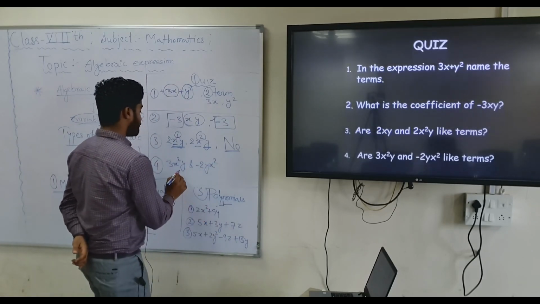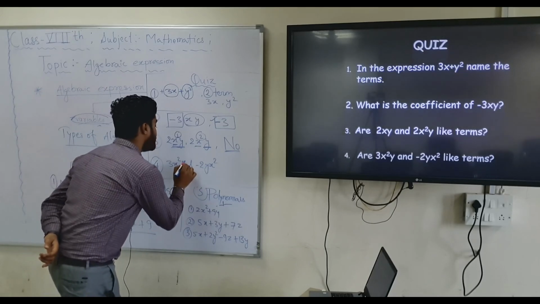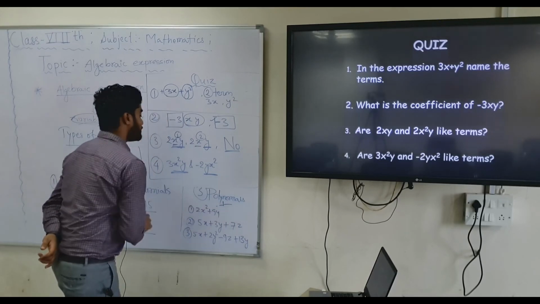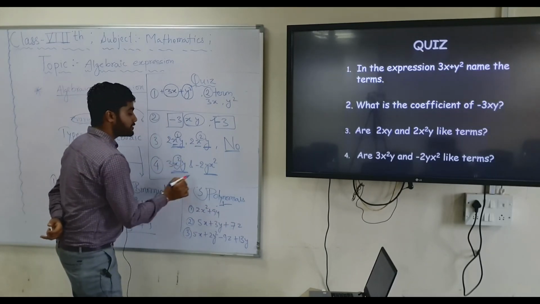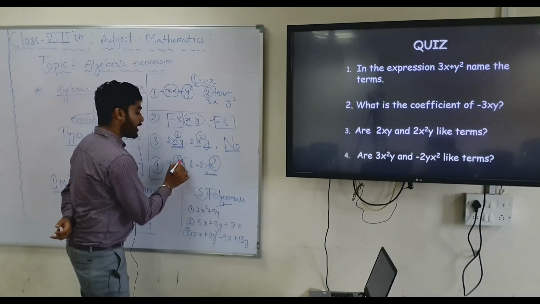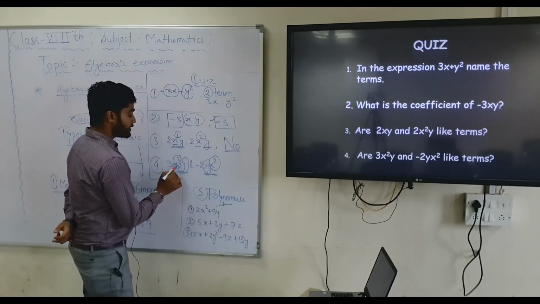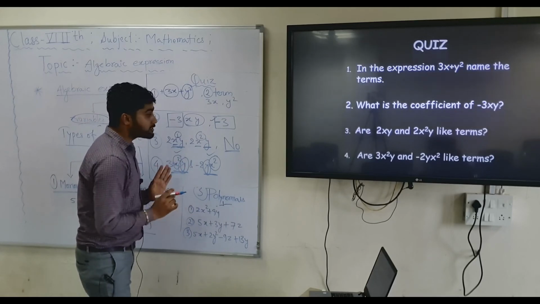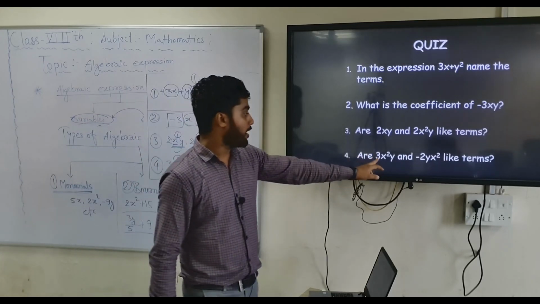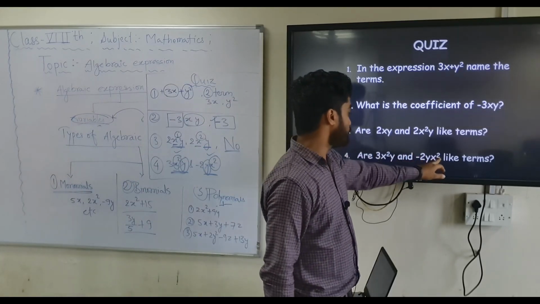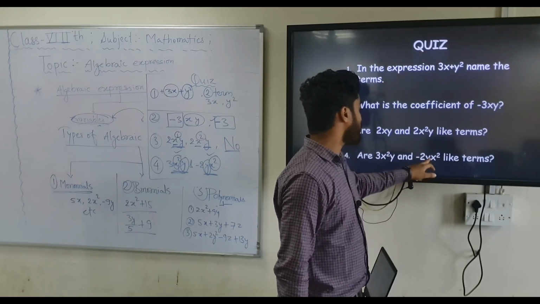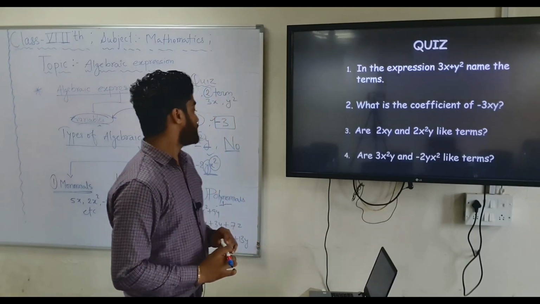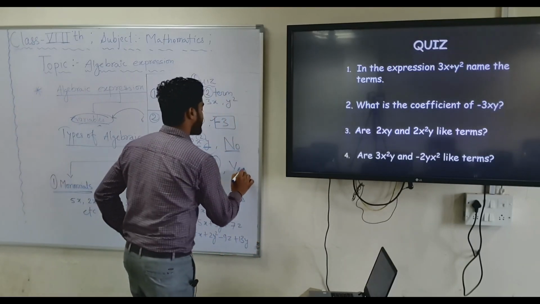See here, both have the two variables y and x. x square is here, x square is also here, y is here, y is also here. That means both expressions have the same variables and both variables have the same powers. The power of x is 2 in both, and the power of y is 1 in both. So both are like terms. Yes, these are like terms.